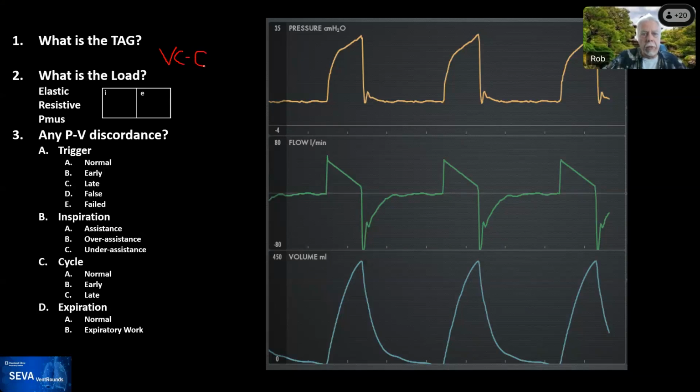We have continuous mandatory ventilation. And this is simple set point targeting. We don't see any spontaneous breaths happening here. In fact, we don't see any patient-triggered breaths at all. So it can't be, according to this data, any form of IMV.